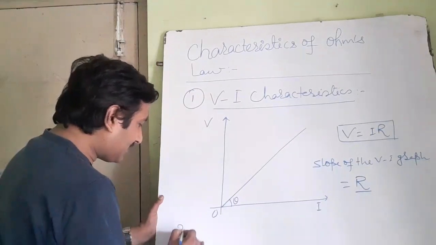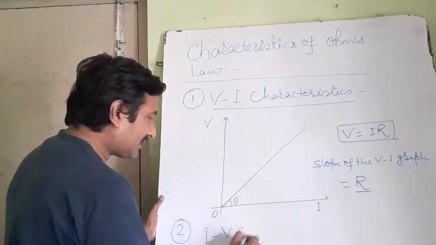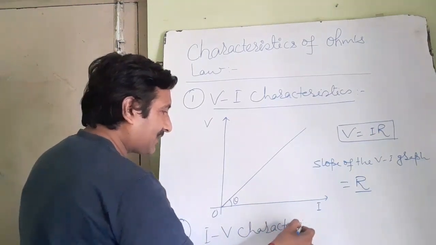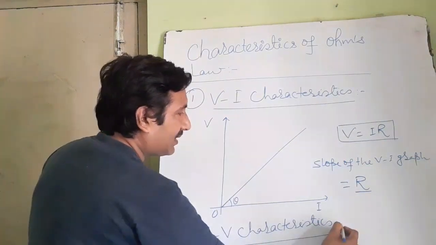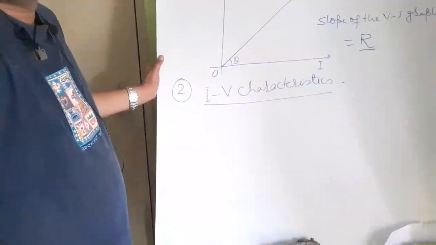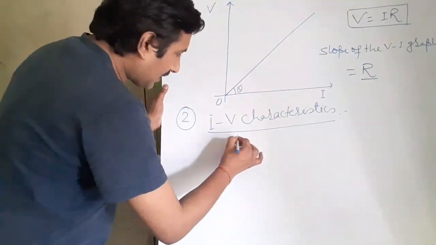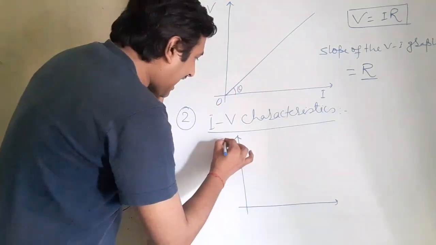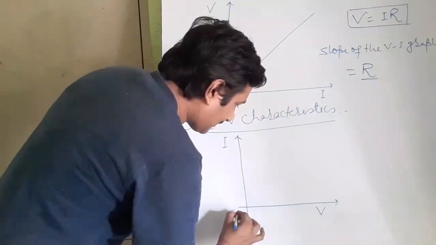The second graph is called IV characteristics. Here we have a graph with I along the y-axis and V along the x-axis.